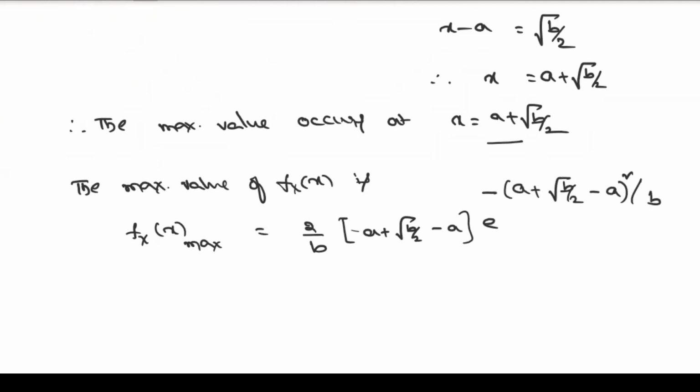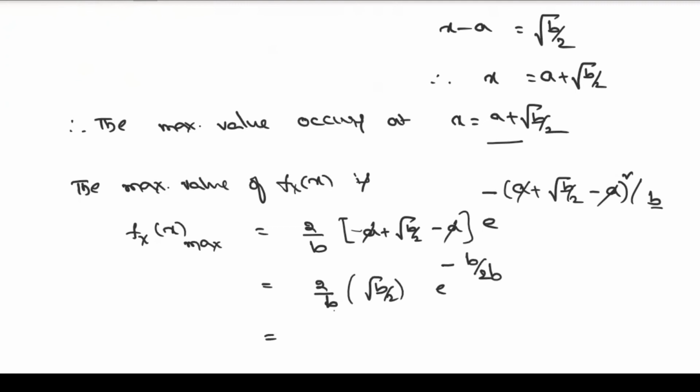Then what happens? Here the plus a and minus a get cancelled. Again here also the same thing is going to happen. And this is 2/b times root b/2 times e^(−(root b/2)²/b), which means it is going to be b/2 only, and here we have b. Then the square root of b and root b get cancelled.